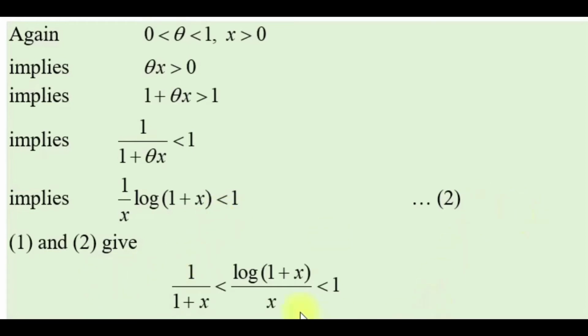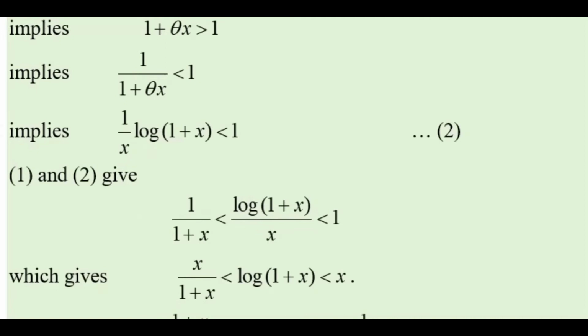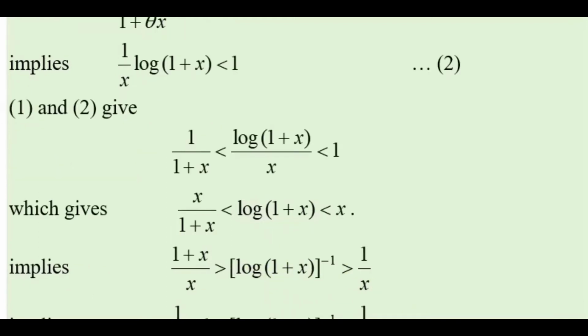So from 1 and 2 we obtain 1/(1 + x) < log(1 + x)/x < 1. Multiplying throughout by x, we get x/(1 + x) < log(1 + x) < x, which implies, taking reciprocals, the inequality will get reversed.